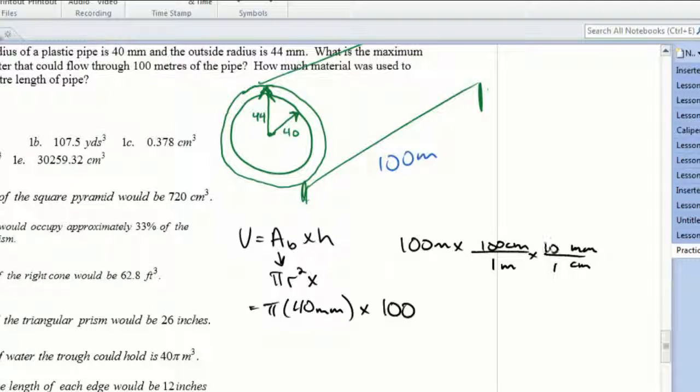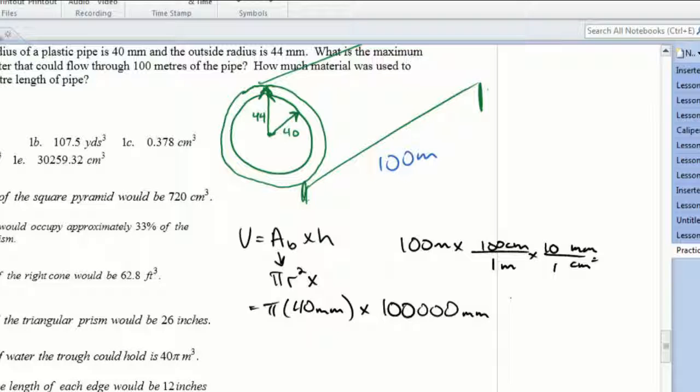In 1 centimeter, there's 10 millimeters. So in order to do the conversion from meters into millimeters, I'm going to multiply 100 by 10. And we're just moving zeros over. So 100 times 100 is going to give me 2 more zeros and then another 0. So my pipe is 100,000 millimeters long.